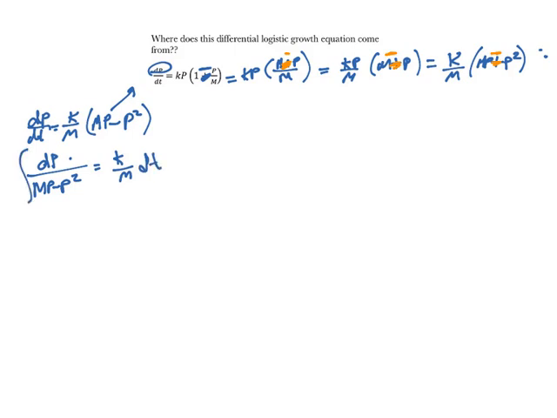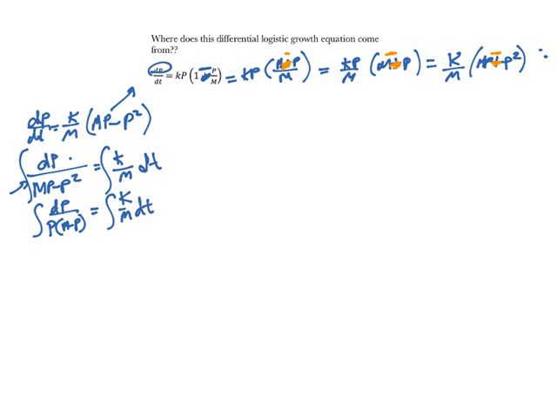And now in order to solve this, I have to integrate both sides. Well, first I need to factor this in order to integrate. So I have dp over p times m minus p equals the integral of k over m dt.